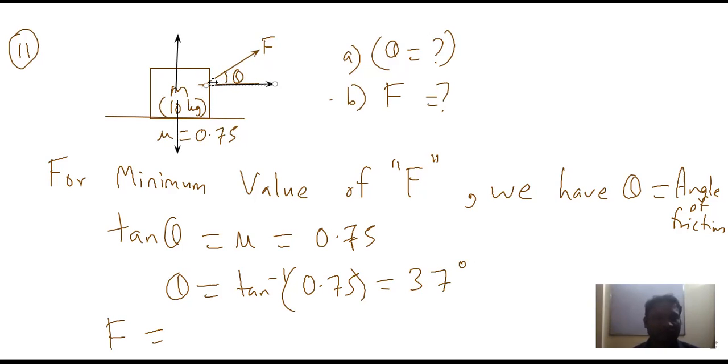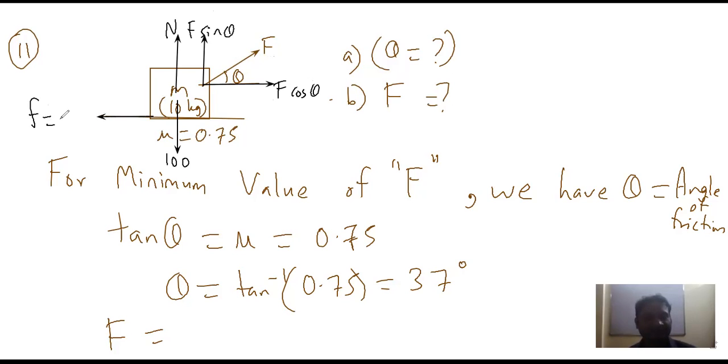Another force is F component in horizontal direction, and finally, we have F component in vertical direction. So this force here will be F cos theta. This will be F sin theta. This will be normal reaction. This will be 10g, which is 100. And there will be a friction force in backward direction.